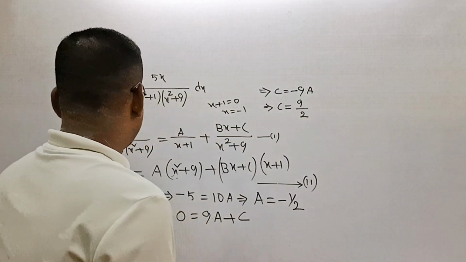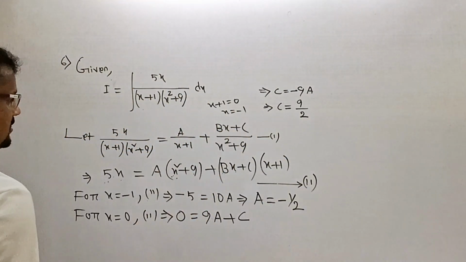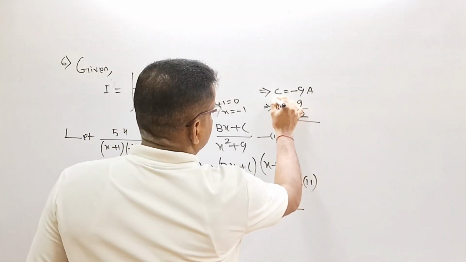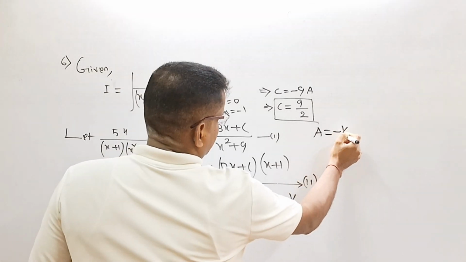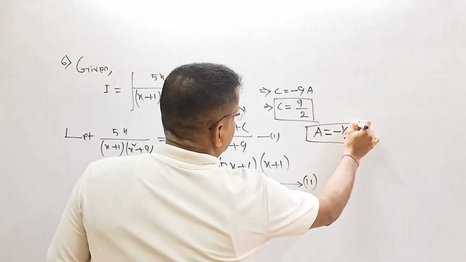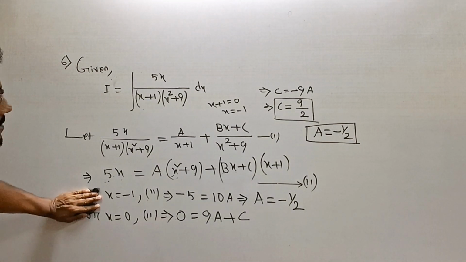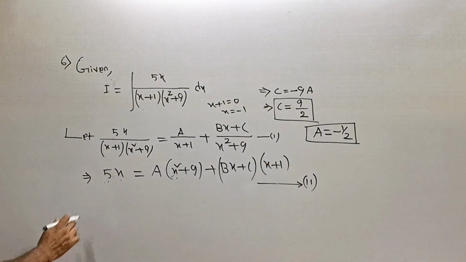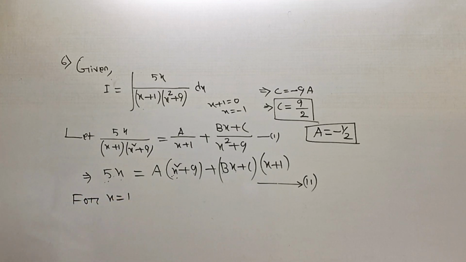So let us take now A is negative half and C is 9 by 2. Let me write here, this is the value of C we have obtained and A is negative 1 by 2. Now we are to find just the value of B. So for that, just at random, take x equal to 1.